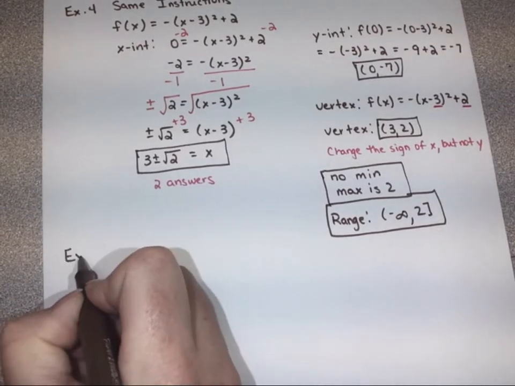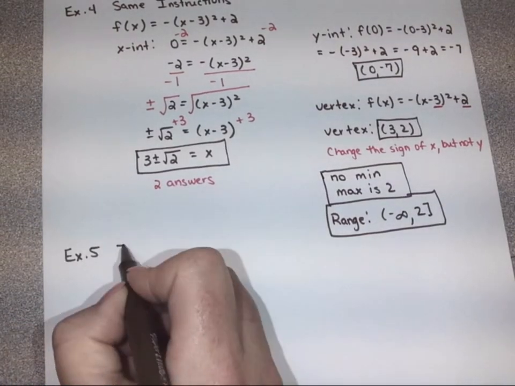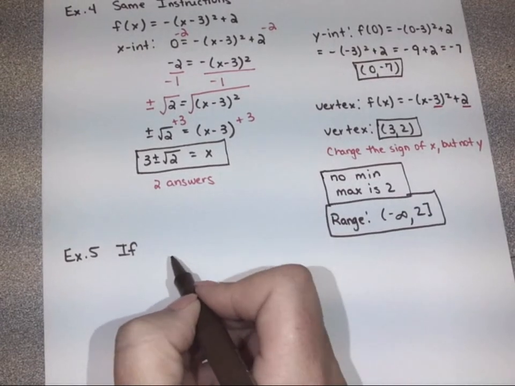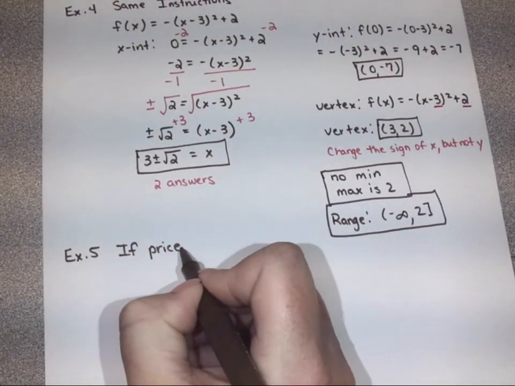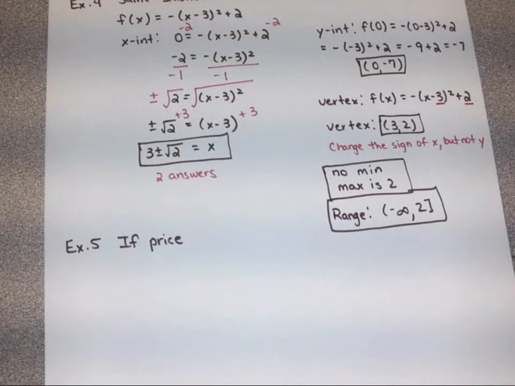Okay, so last example of the day, of the week, all that good stuff. So let's look a little bit more at maybe some business applications. We're going to try to kind of do them as we go. Okay.